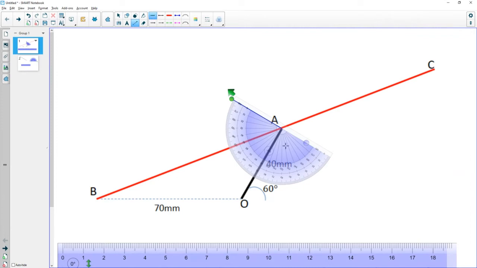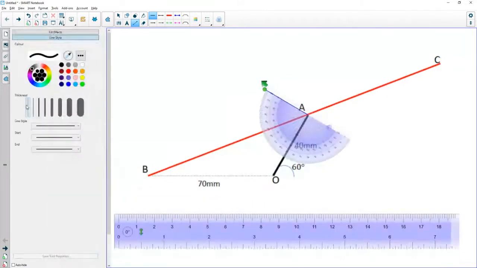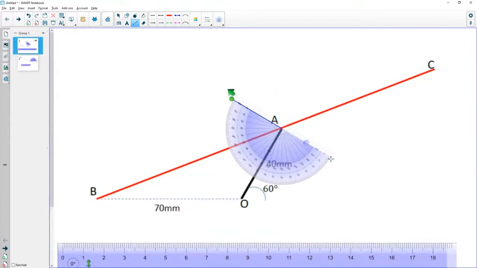Get your pencil, mark your horizontal points, and then draw yourself your tangent to this curve. I'm going to do it very thin today so that it's not too imposing on what we're trying to do.